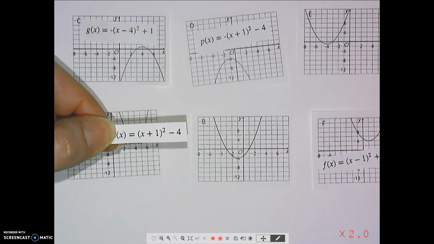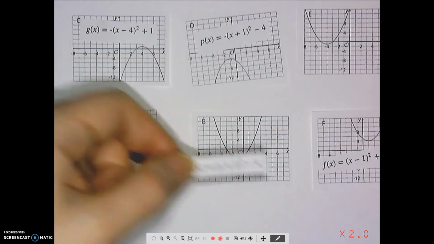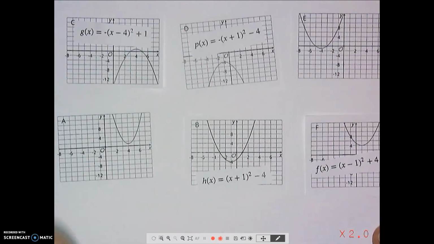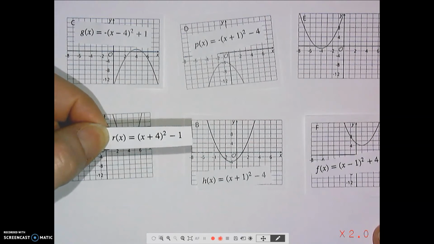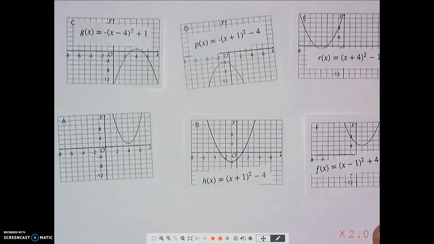So we need a vertex at (-1, -4), and it faces up, so that's graph B. R of x equals the quantity x plus 4 squared minus 1. We need a vertex at (-4, -1), which is graph E.